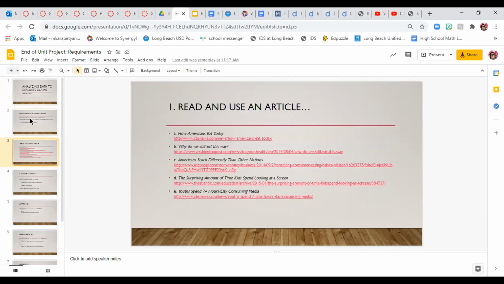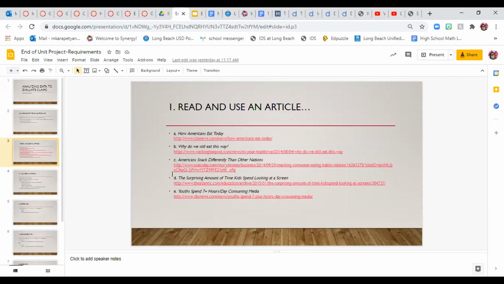Okay. So step number 1, read and use an article. You are going to choose one of the articles listed here. Okay, we have How Americans Eat Today. We have Why Do We Still Eat This Way? We have Americans Snack Differently Than Other Nations.